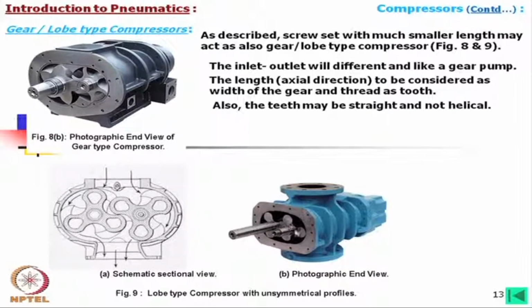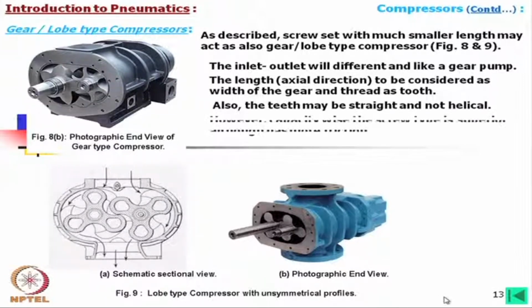In this lobe there is no space within the lobe, but here this space is given. It might be all used for cooling purpose also. However, capacity wise the screw type is superior, although it has more friction.